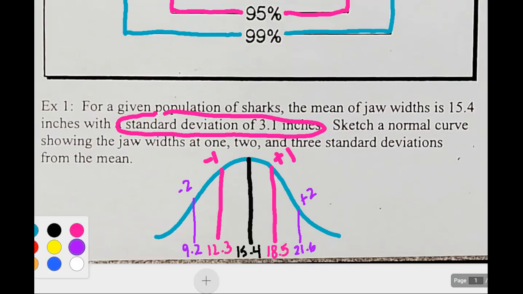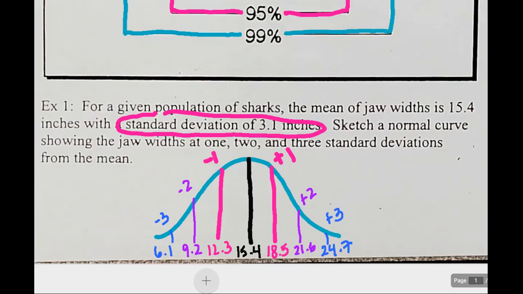Then I'm going to go out one more. So I'm going to go out 3 standard deviations and -3 standard deviations. And when I add 3.1 to 21.6, I'm going to get 24.7. When I take 3.1 from 9.2, I'm going to get 6.1.